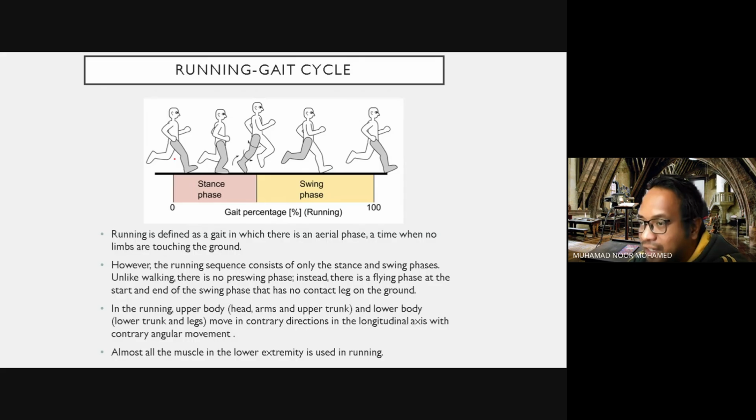Running gait doesn't have it. For example, this foot lands, we have stance. And then when it lands, it will start to pull back.